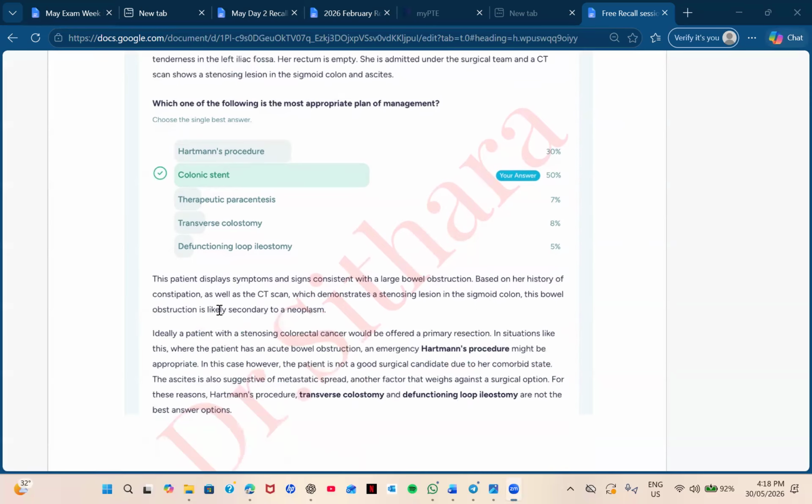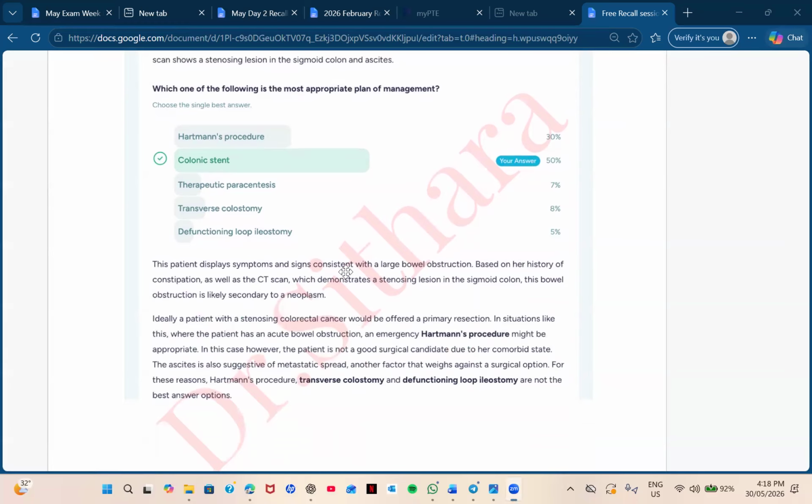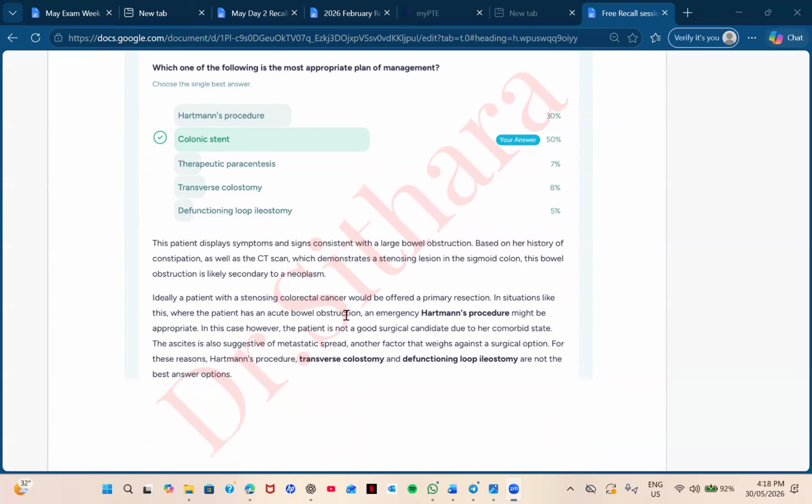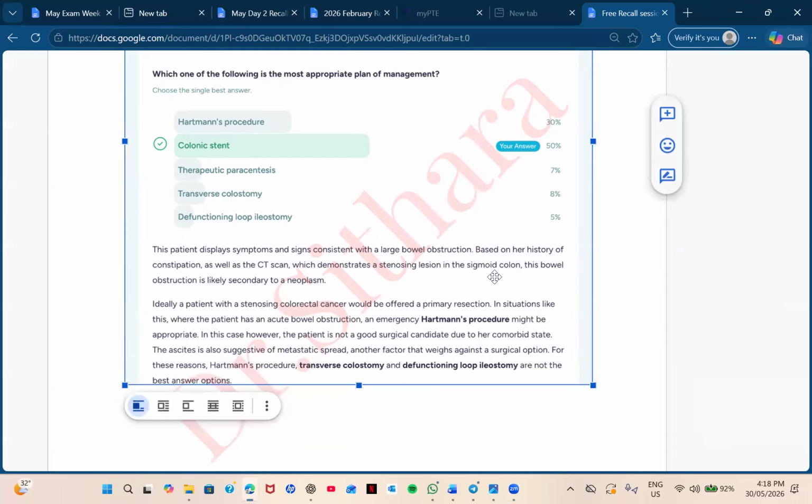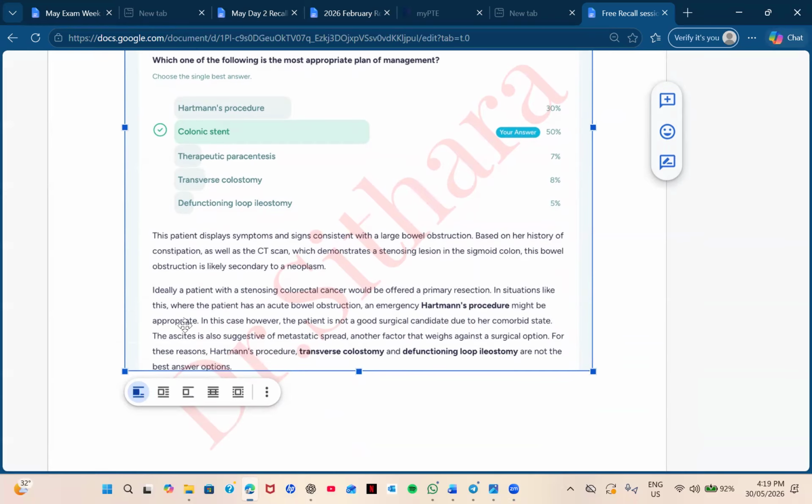Yes. So here, the patient displays symptoms and signs consistent with large bowel obstruction based on her history of constipation as well as the CT scan, which demonstrates a stenosing lesion in the sigmoid colon. The bowel obstruction is likely secondary to a neoplasm. So ideally a patient with stenosing colorectal cancer would be offered a primary resection; in situations like this, where the patient has acute bowel obstruction, an emergency Hartmann procedure might be appropriate.